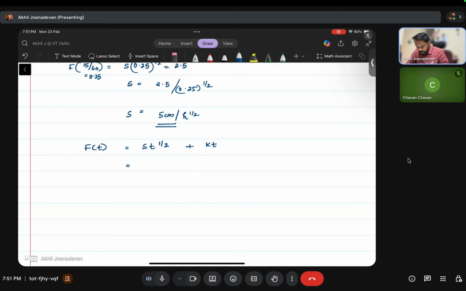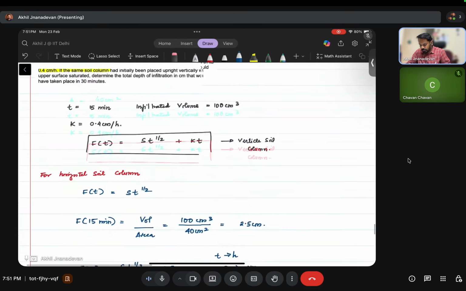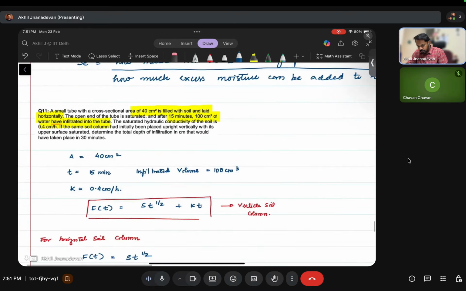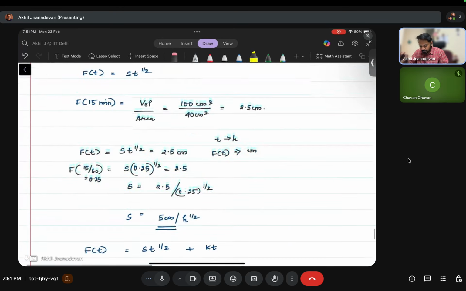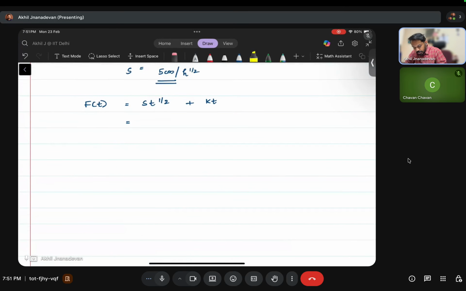so we can substitute values here, and they have asked us to find the infiltration depth in centimeter after 30 minutes. So now here we need to find T equal to 30 minutes, that is equal to 0.5 hours, right?